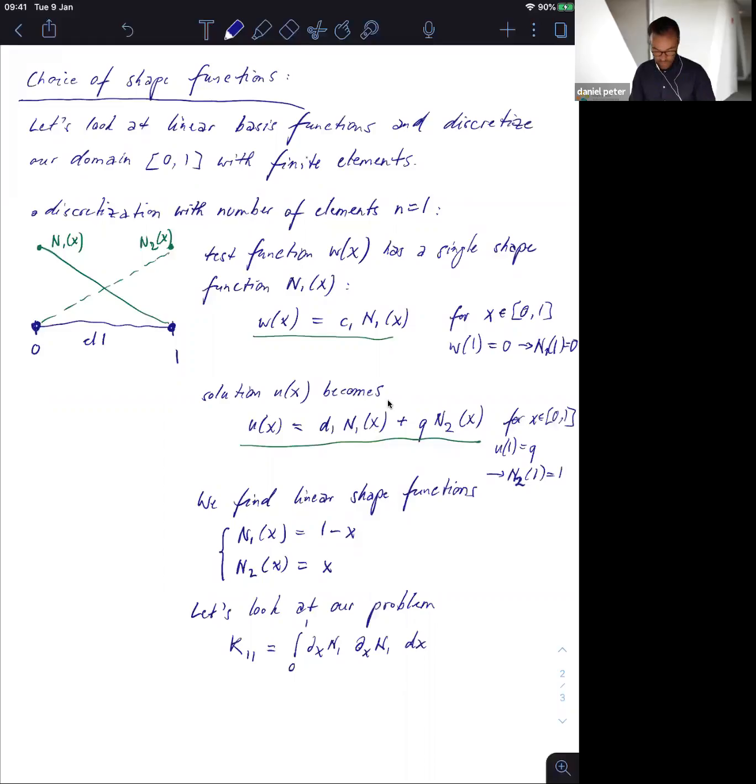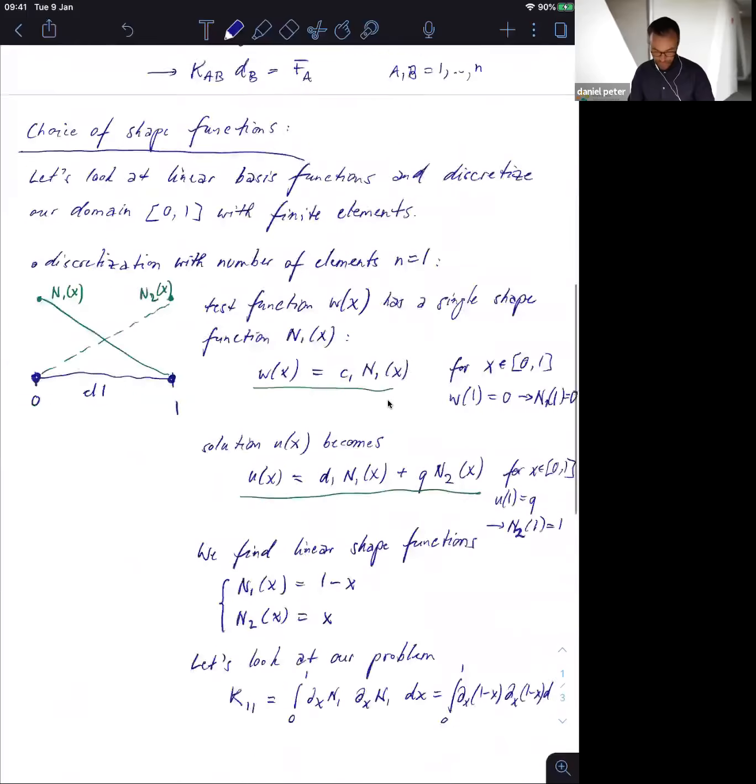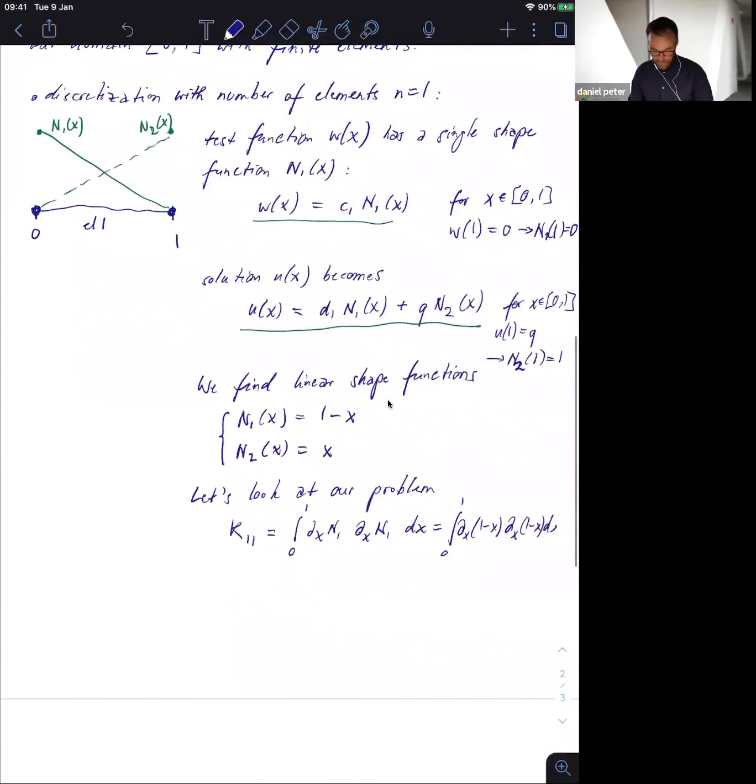So what is N1? Look at our function, N1 is 1 minus x. So it's the integral of the derivative of N1 times the derivative of N1 again, dx. So what is the derivative of N1?